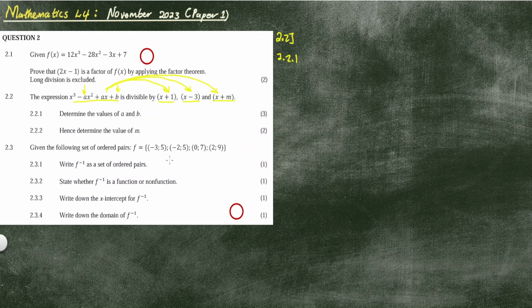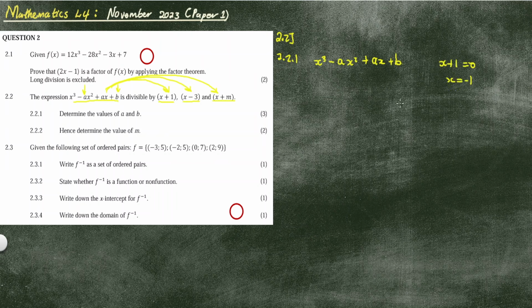So what is the best way to do that? In this expression, x cubed minus ax squared plus ax plus b, for the first factor, x plus 1, equate it to 0.